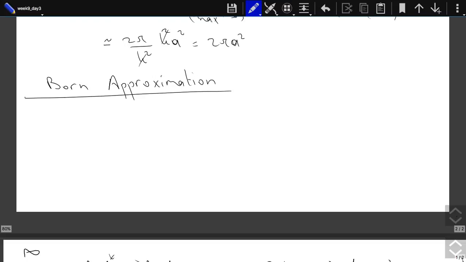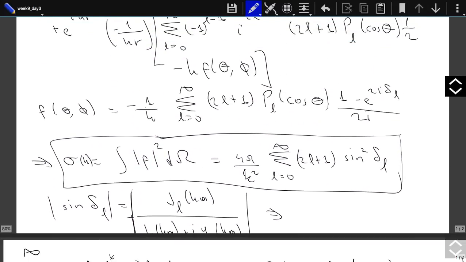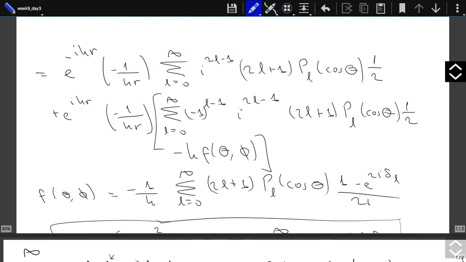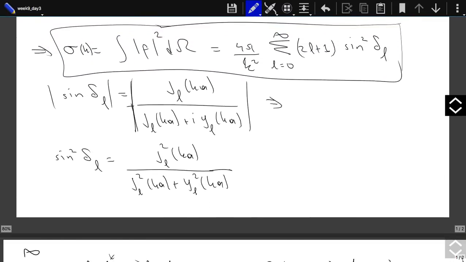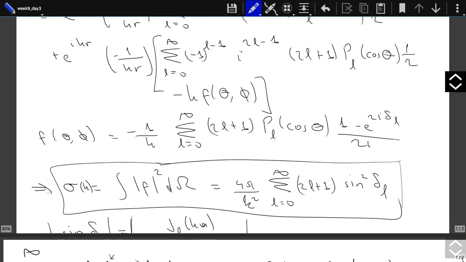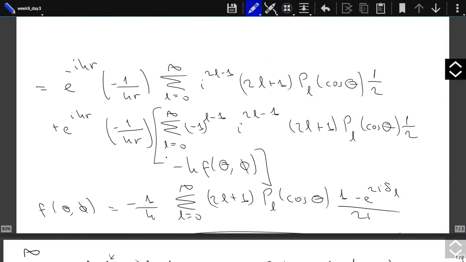Now what we had done up to here was a simple example where we could actually solve it explicitly. We will come back to this point later on. Basically, this was our scattering solution.